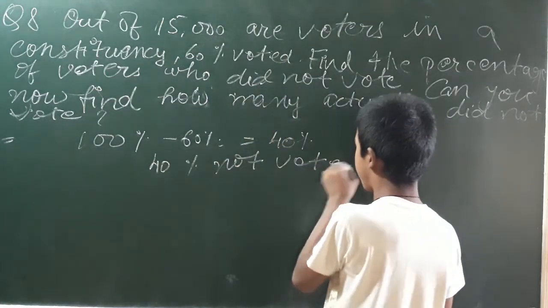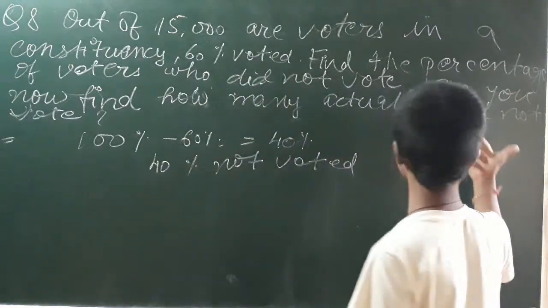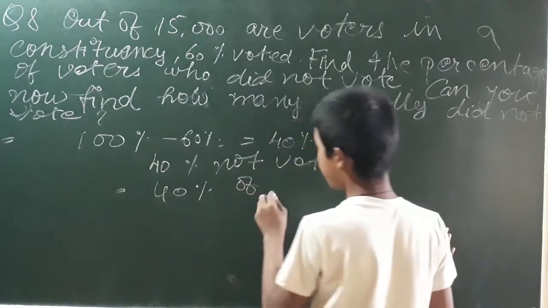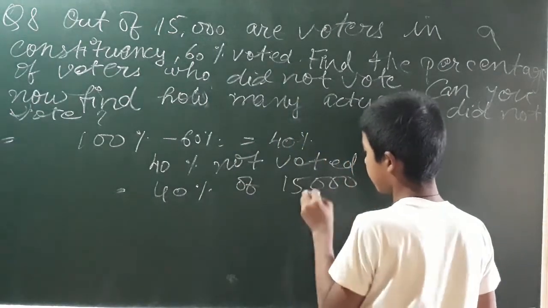And now what can you write? We have to find how many actually did not vote. So we write 40% of 50,000.